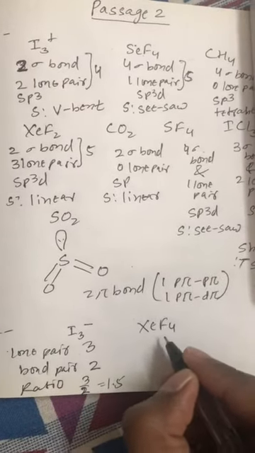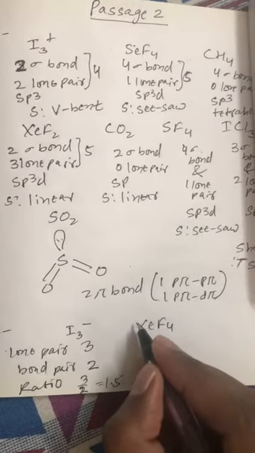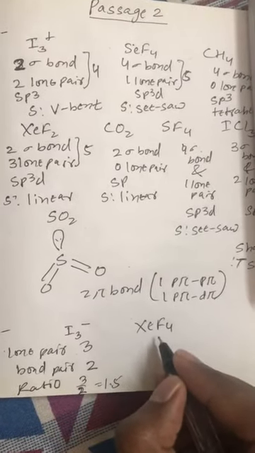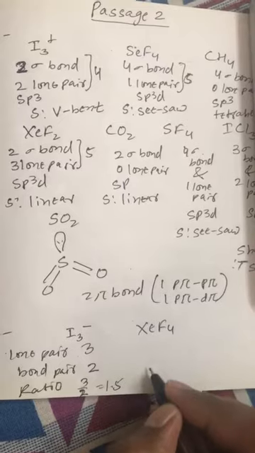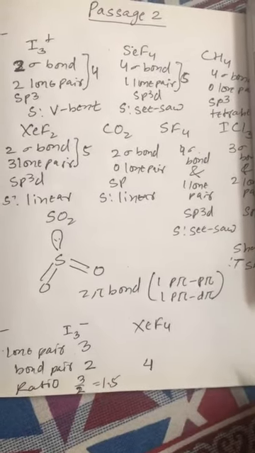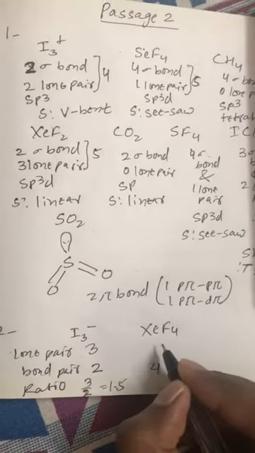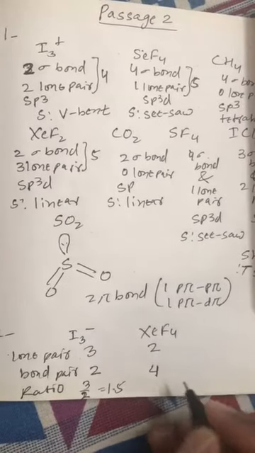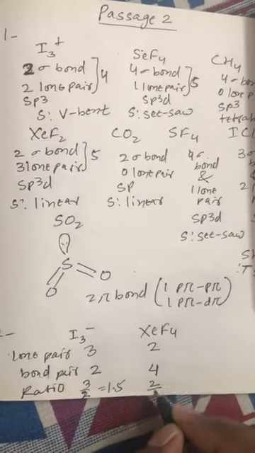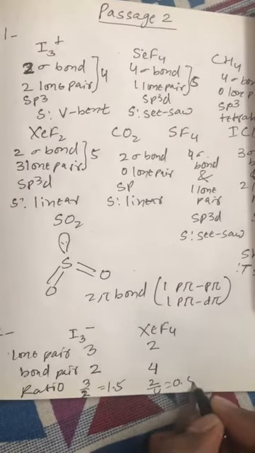Now in the case of XeF4, Xe has 8 valence electron, and out of these 4 will be used to form sigma bond. So we will have 4 bond pair, and remaining 4 electron will give 2 lone pair. So the ratio of lone pair and bond pair will be 2/4 or 0.5.